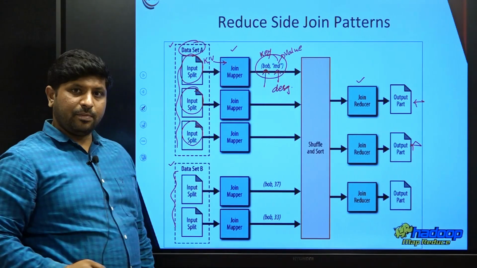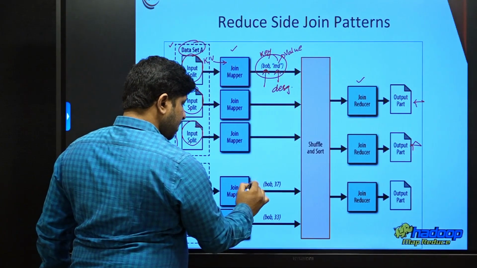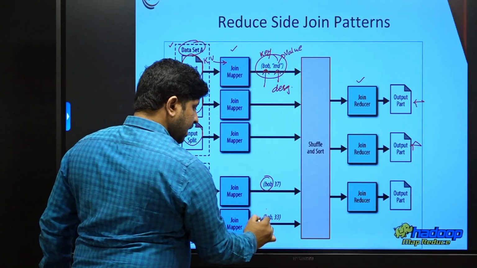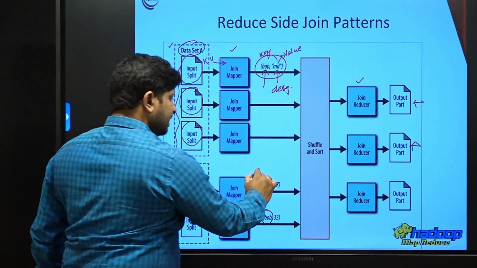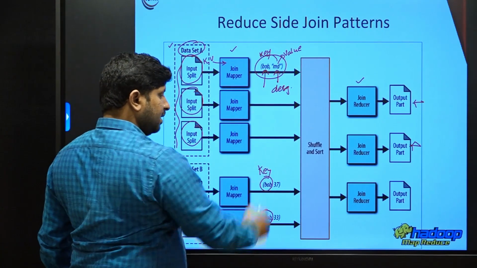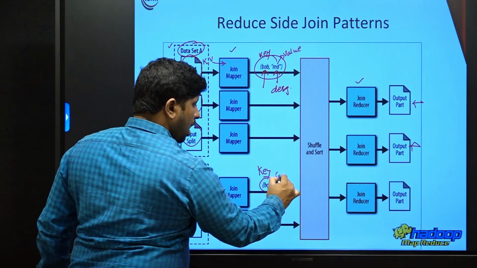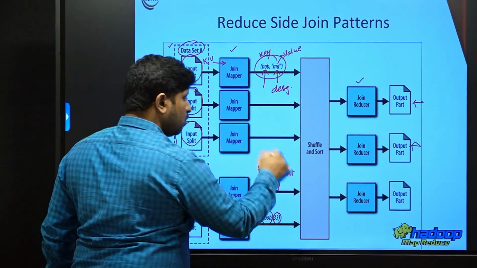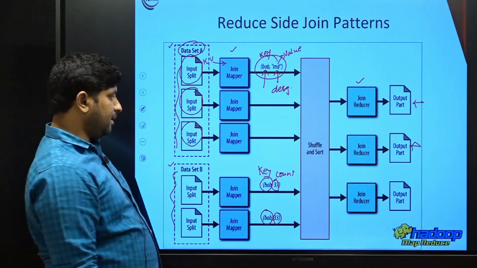Coming to data set B, we have input splits and a mapper which, after performing its logic, has taken the same key as in data set A, whereas the value you may treat as the count of employees working in that organization, 37 and 33.